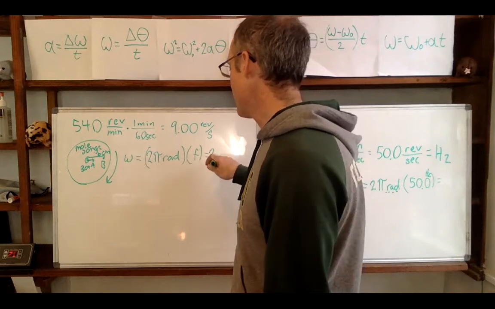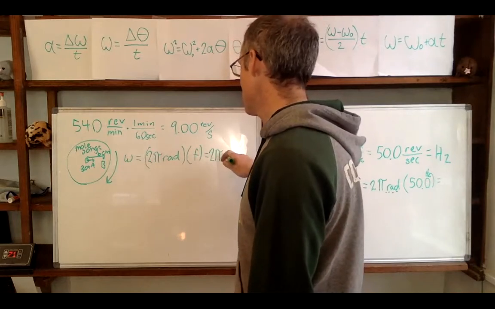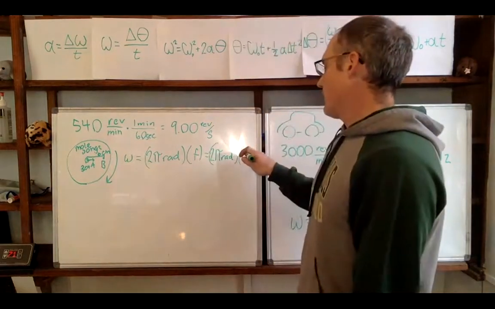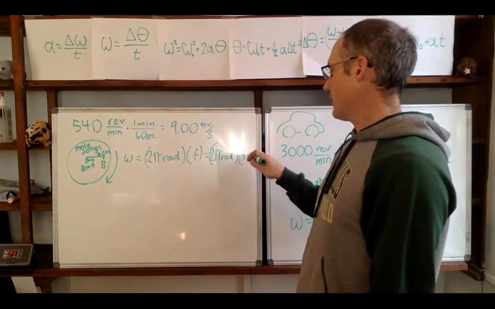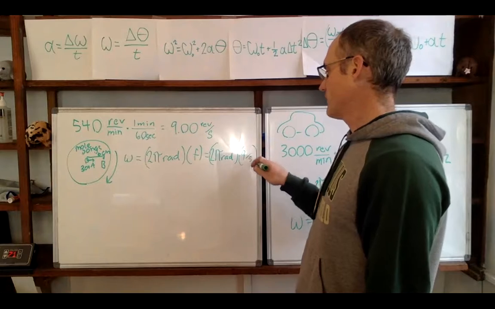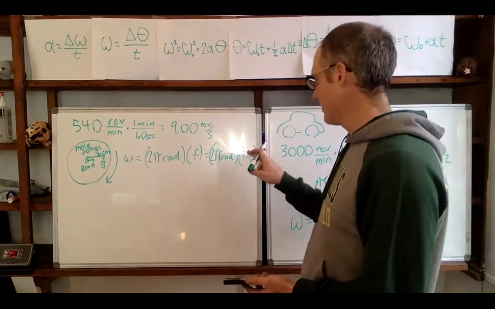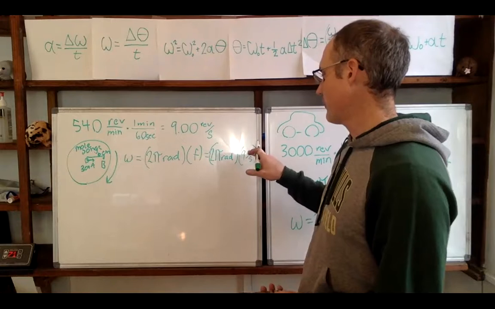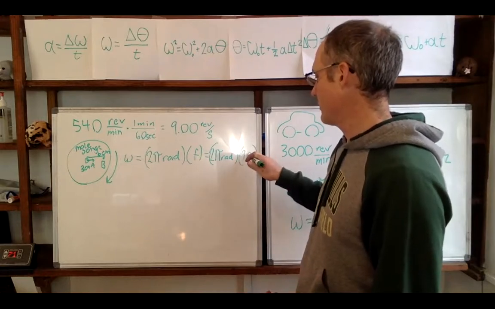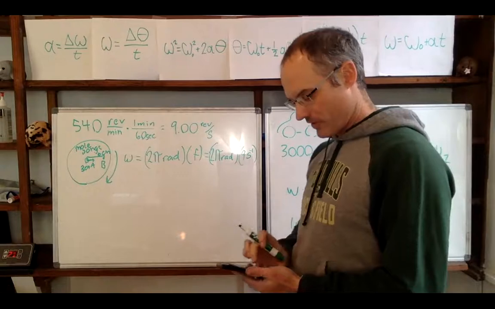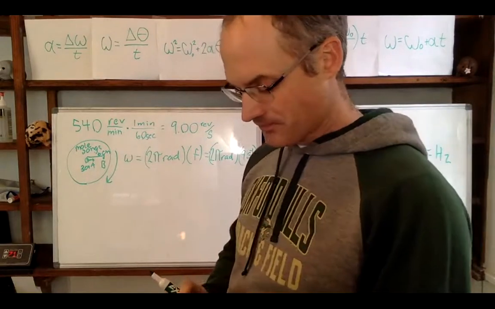So 2 pi radians multiplied by 9, and that's per second. So 1 over seconds. It looks like 1/2, but it's not. It's inverse seconds, seconds to the -1.